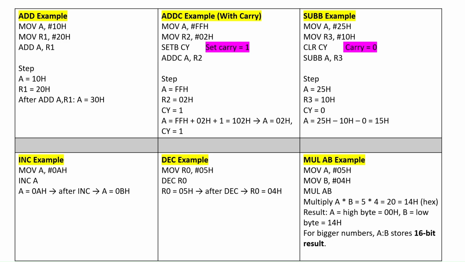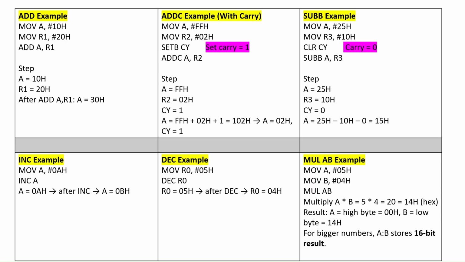Accumulator contains FFH. Register R2 contains 02H. Carry flag is 1. Now the addition becomes FFH plus 02H plus 1. This equals 102H. Since accumulator is 8 bits, it stores only 02H, and the carry flag becomes 1.